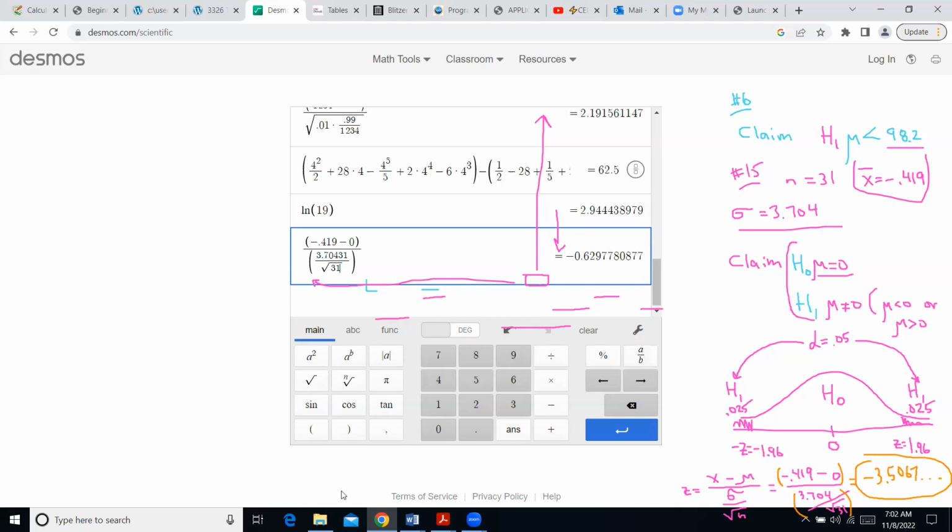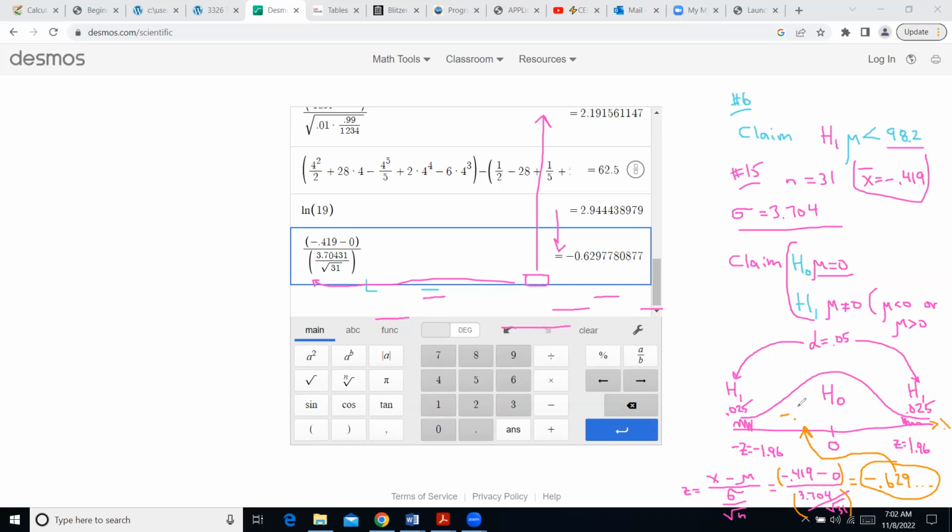So let me erase that stuff because there's not enough room here. So here it is. Okay, thank you so much for double checking. And we got a negative 0.629... So this is our z-score that we have to now place on that x-axis and decide where this line is at, and looks like it's here someplace, right?